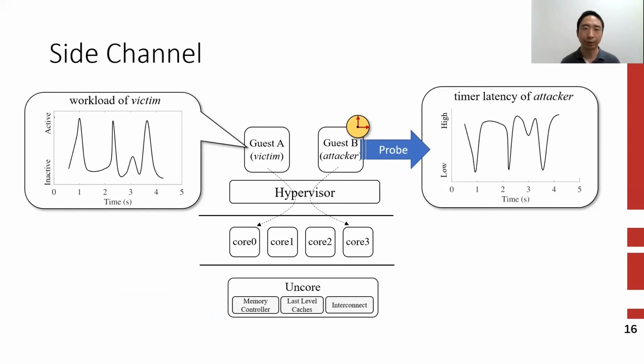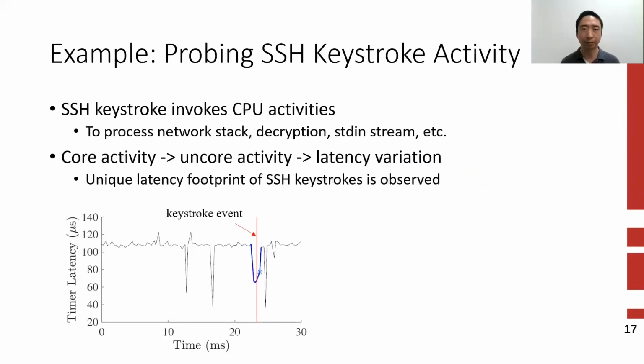The attacker achieves this through probing the activity of the Uncore, which reflects the activity of the victim. As a preliminary example of the side channel, the attacker tries to extract the timing of SSH keystrokes of the co-located VM guest.